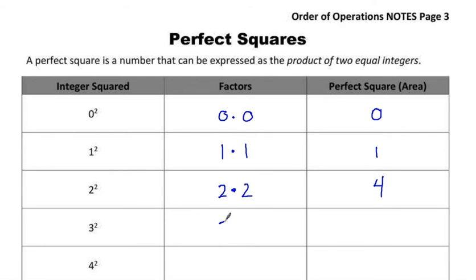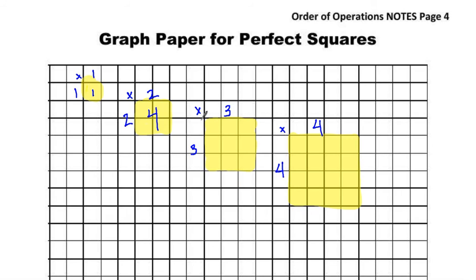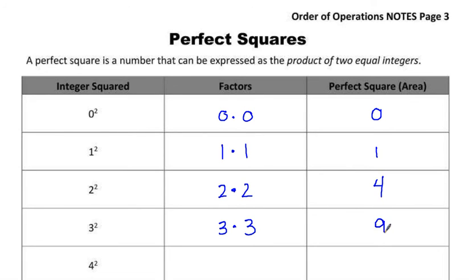For the next one, 3 squared is just going to be 3 times 3. And that's going to be this one here. So it's going to be a square made out of 9 pieces. So this is a perfect square made of 9. And if we look back here, the perfect square will be 9, and it's made up of a 3 by 3 square or a 3 squared.